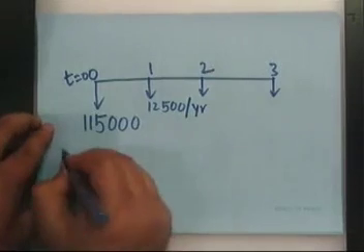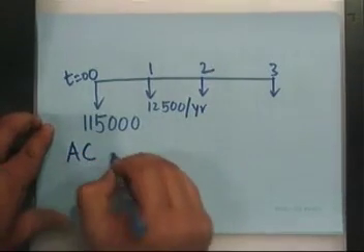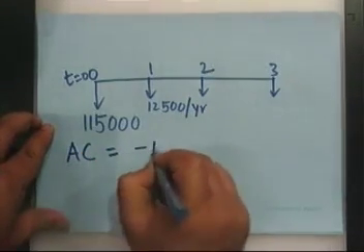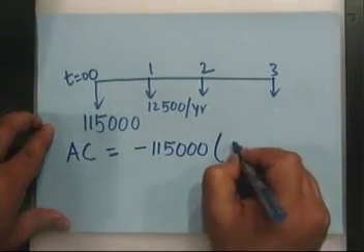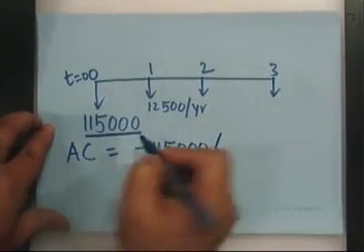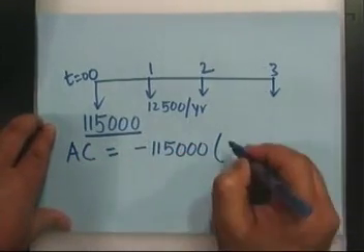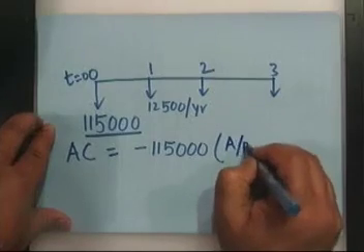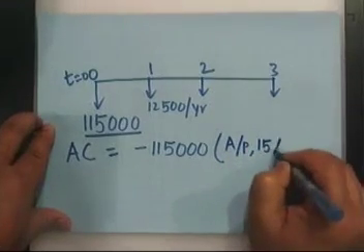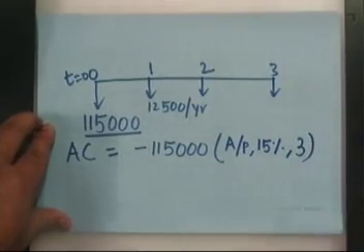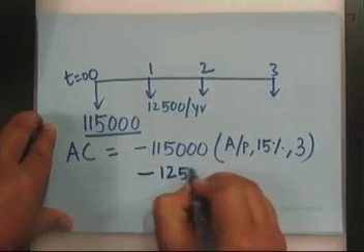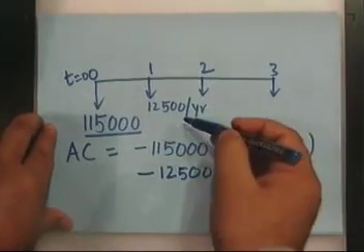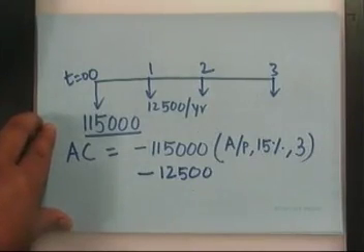In order to find its annual cost, I will find it like this: minus 115,000, I am given P, I am interested in finding A. So, A given P, 15%, for year 3, and I will add 12,500, because this is already in the annualized form.